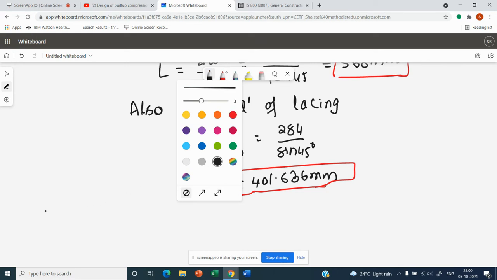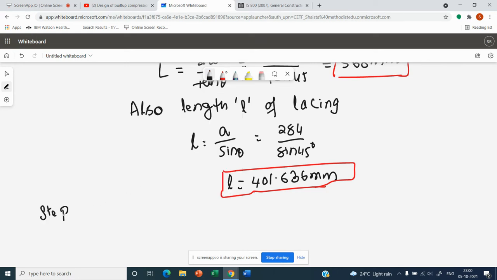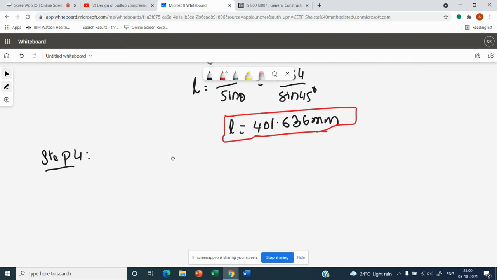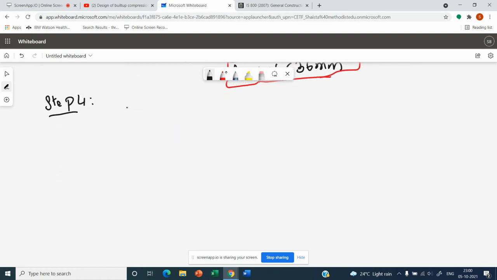Going to the step 4. So watching my previous video will be very helpful in solving this problem. Time will be reduced for solving once you remember the steps. So step 4 was finding the slenderness ratio. So all of you know the formula for slenderness ratio is the length between the two lacing bars by r minimum.